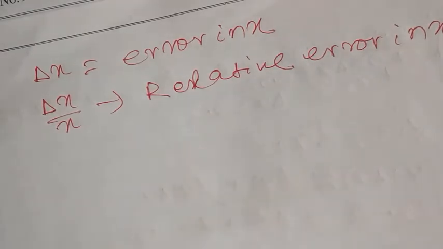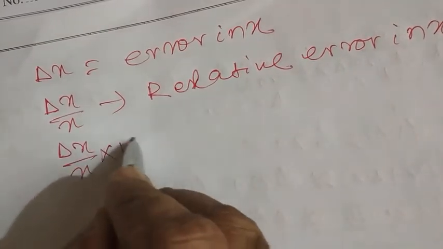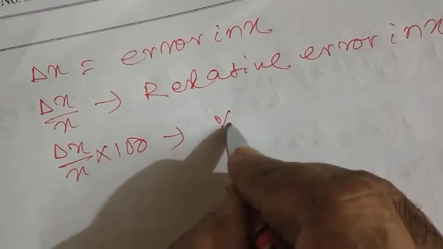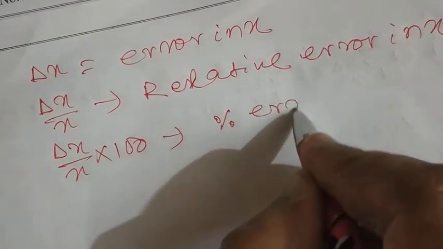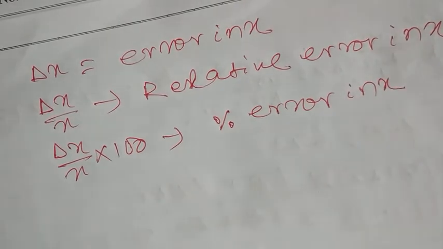So for x things, the error is delta x. For one thing, what is the error? Delta x by x. Therefore, we call it relative error. Then delta x by x into 100 is known as percentage error. Percentage error of what? In the measurement of x, in x.